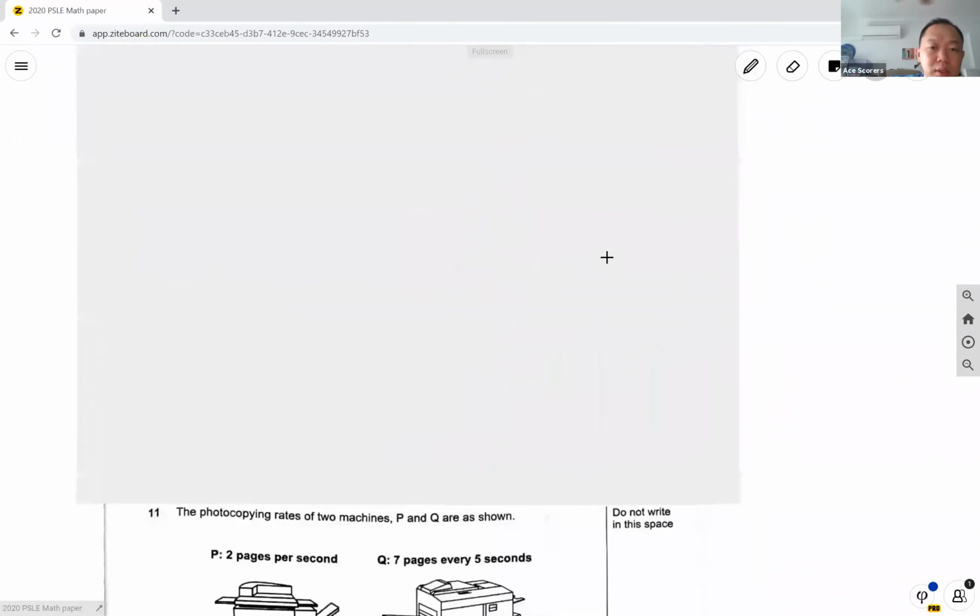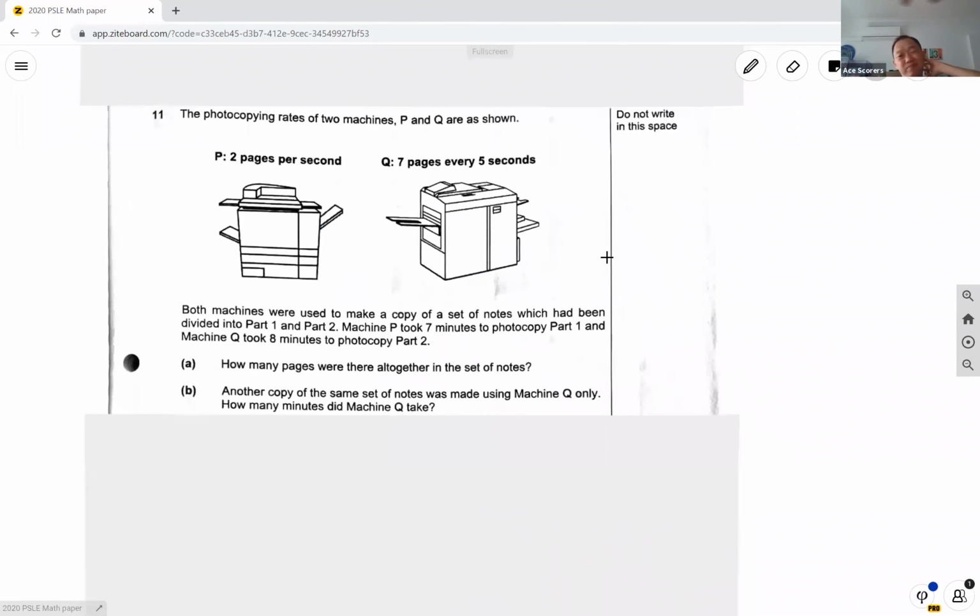It's so far okay. Okay, this one looks tough. It's a diagram. The photocopying rates of two machines P and Q are shown. Both machines were used to make a copy of a set of notes which have been divided into part 1 and 2. Machine P took 7 minutes, Q took 8 minutes. Whoa. For P, it's 2 pages per second.